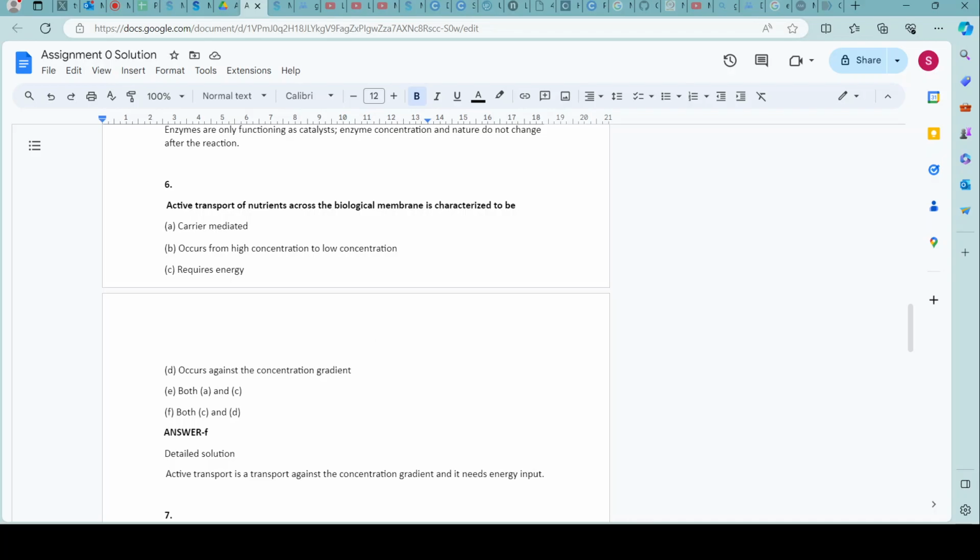In lecture 8, they discuss transport using carrier molecules and say it requires no energy expenditure and occurs only in the downhill direction. So technically, as per this lecture, what we discussed last week is right: carrier mediated diffusion cannot be categorized as active transport. Was that clear?